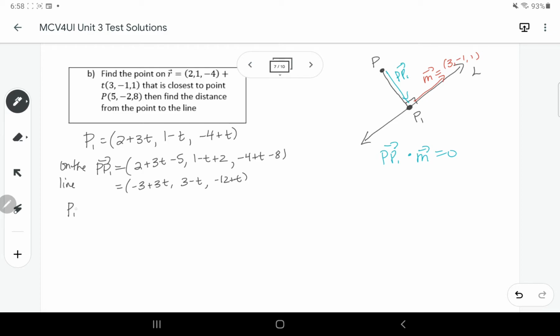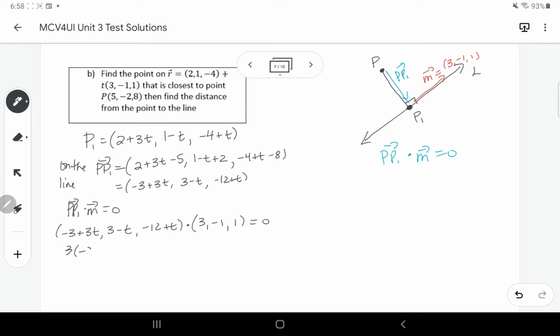So P1 dot M equals 0. I've got negative 3 plus 3t, 3 minus t, and negative 12 plus t, dotted with the direction vector 3, -1, 1, equals 0.